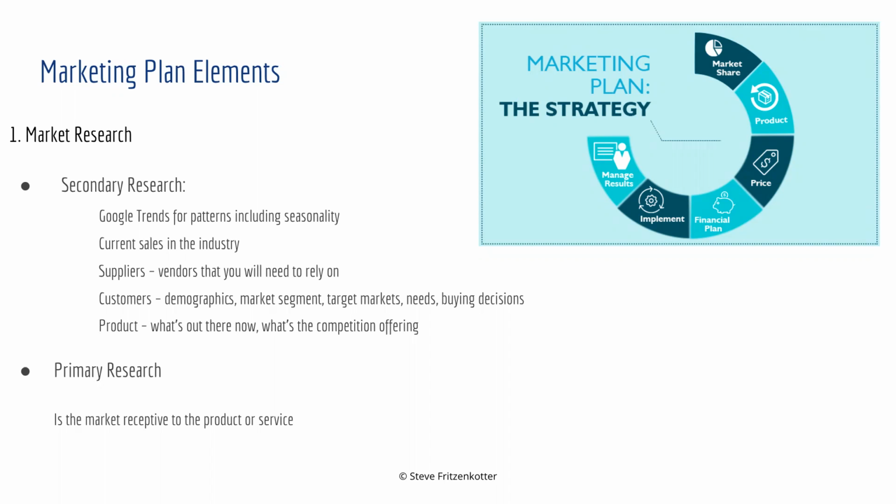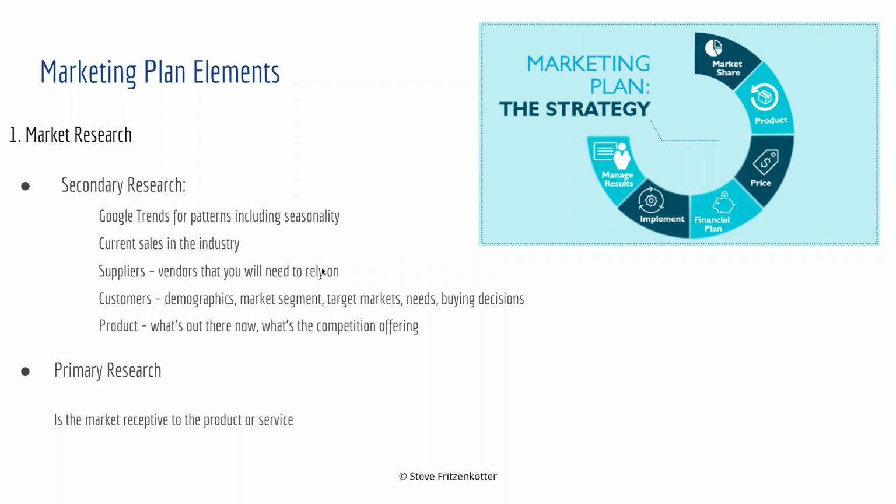competition. So we start with secondary research, which really is available research to us now. So you can access this information. We can use Google Trends, which we'll be talking about in class, where you can look at current sales industry.